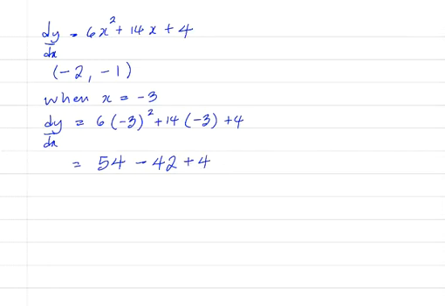So 58 minus 42, let's just say it's 16. So the gradient before x is equal to minus 2 is positive.